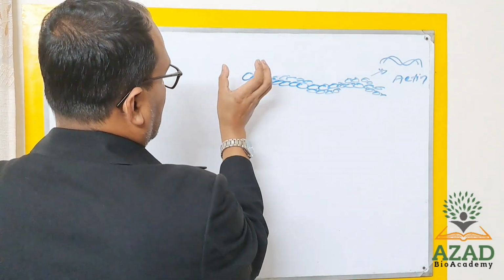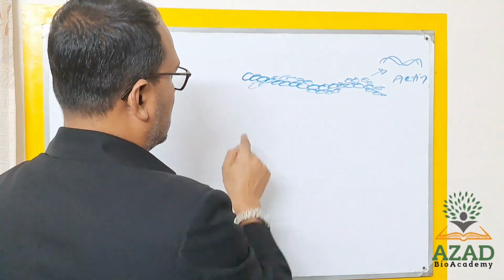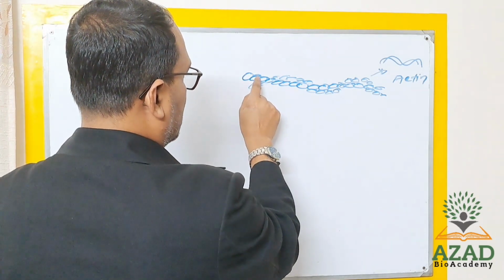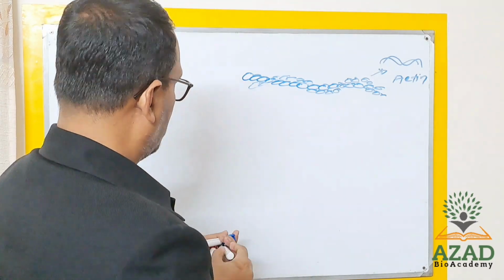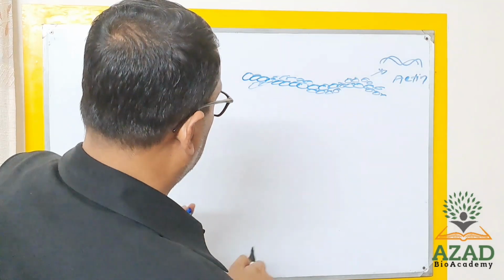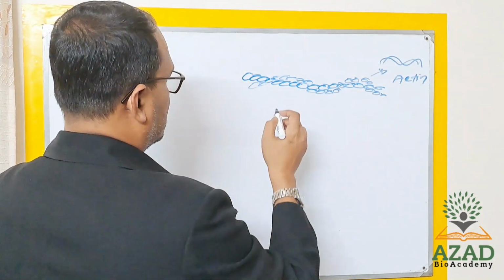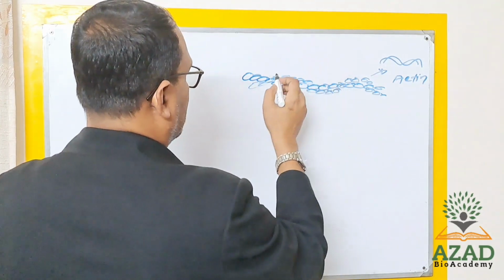Each 7 monomer of the actin, that means you can say one bead, another bead, another bead. So at 7 bead intervals, monomer of actin intervals, a special type of protein complex is present.